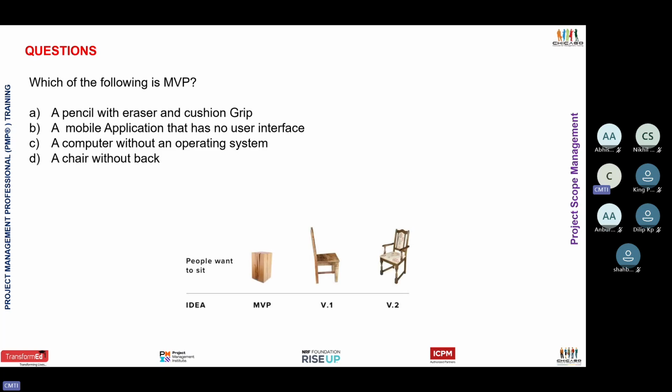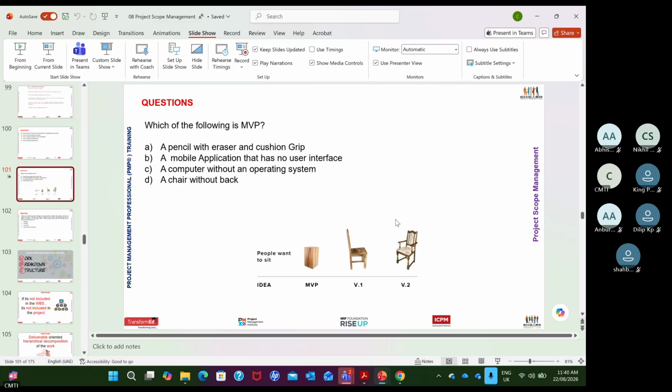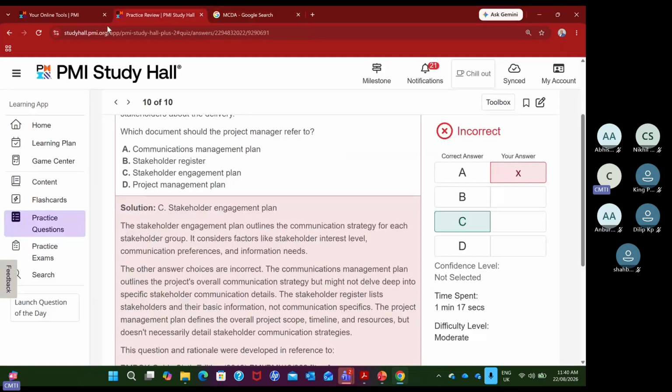Yeah, so option D. That's called MVP, minimum viable product. So please study because it's important.